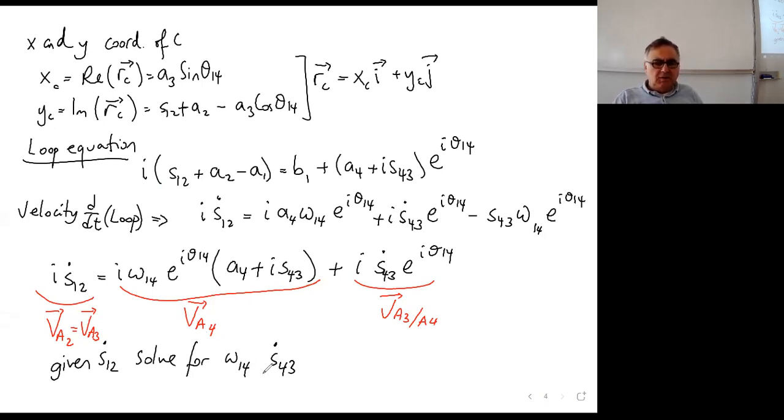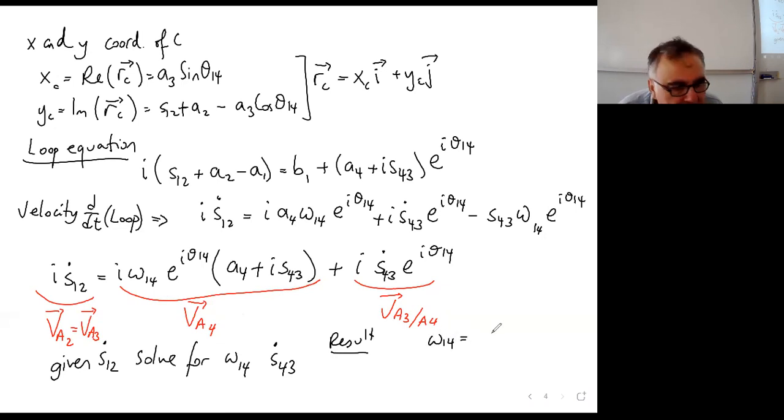Which is not too hard, by the way, because these equations are linear equations. So you can find the conjugate of this and write them in the matrix form, and you can find your result. Let me write the result here.